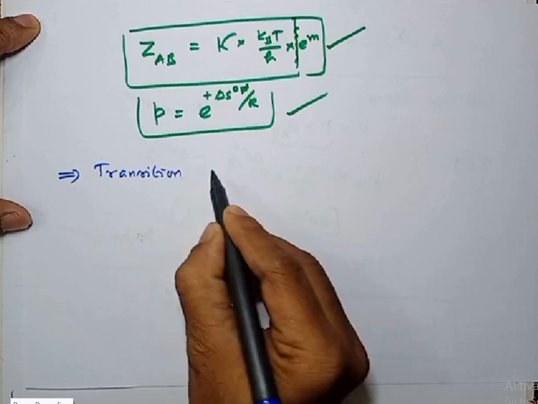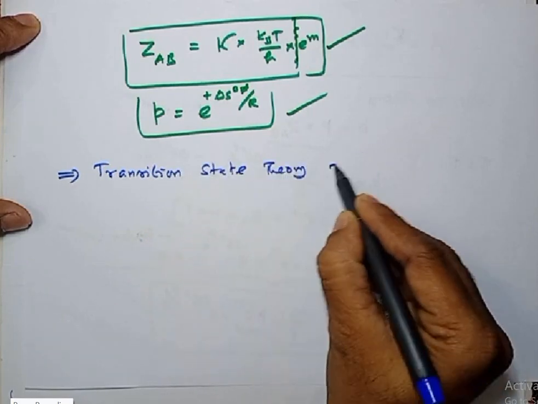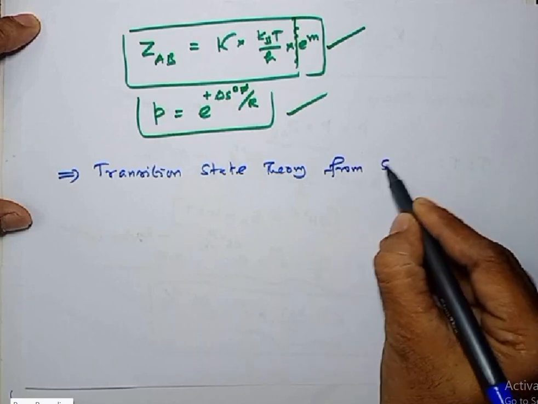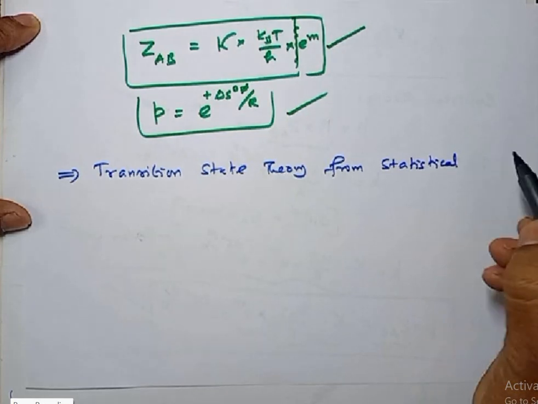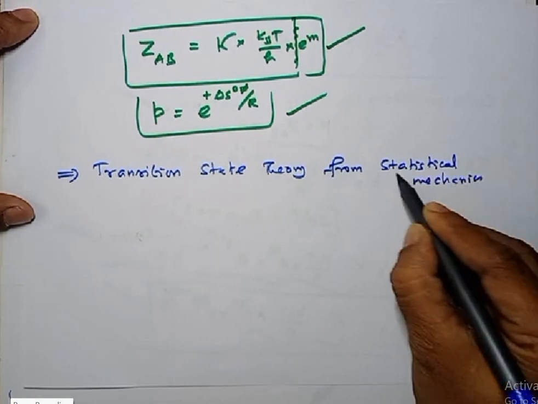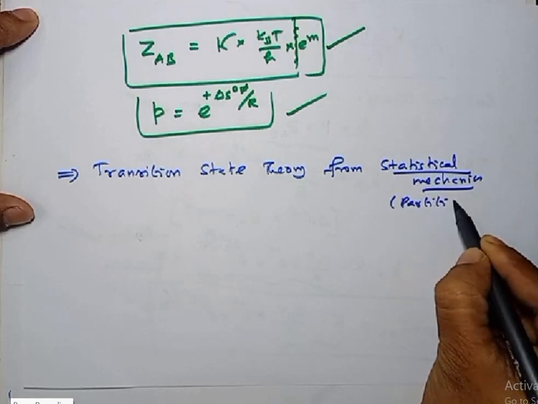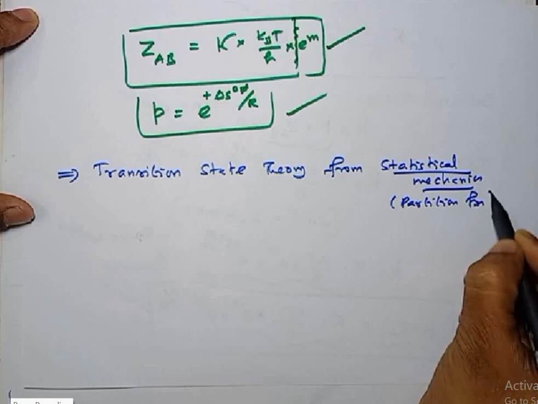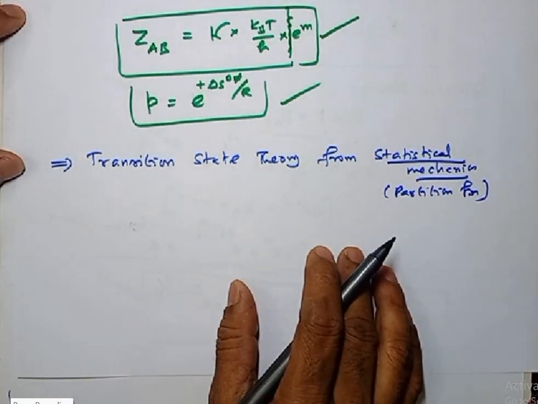Transition state theory from statistical mechanics, that is using the partition function, very specifically using the partition function. Okay, this also we can do.